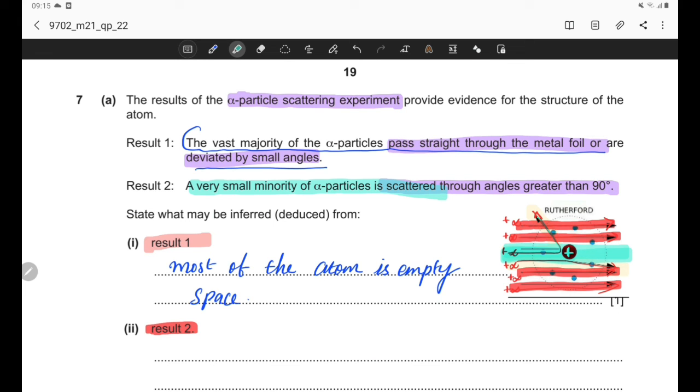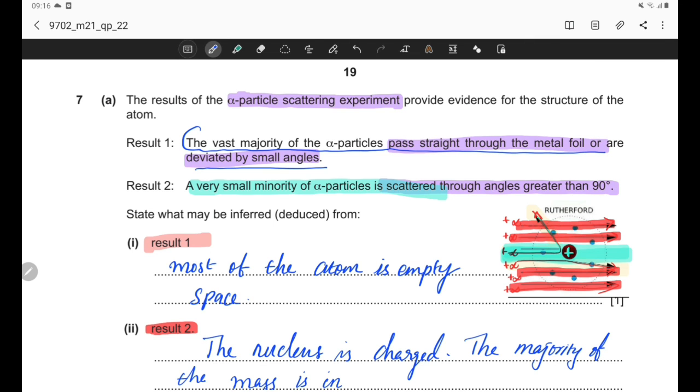That is why a small minority of alpha particles is scattering. So first we can write about the charge, because both nucleus and alpha particle must be positive. So the first conclusion, the nucleus is charged. Next point we can write, the majority of mass is in the nucleus.